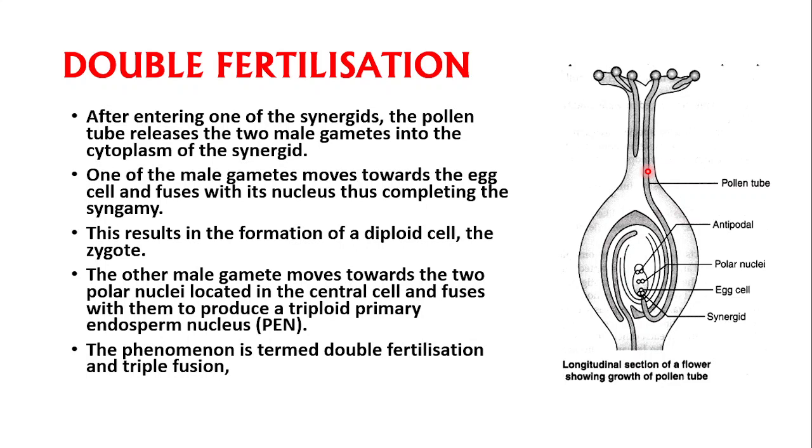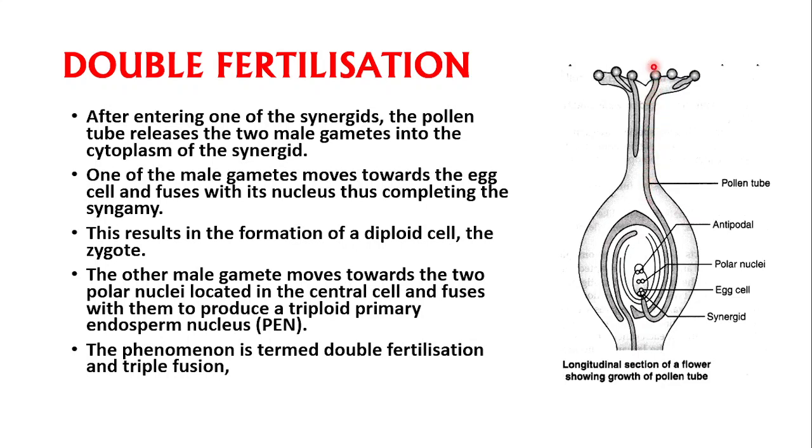I repeat from the beginning, do remember. When the pollen grain falls on the surface of the stigma, pollen-pistil interaction takes place. When the stigmatic surface recognizes the pollen grain, it allows it to germinate. After germination, the pollen grain produces a pollen tube.